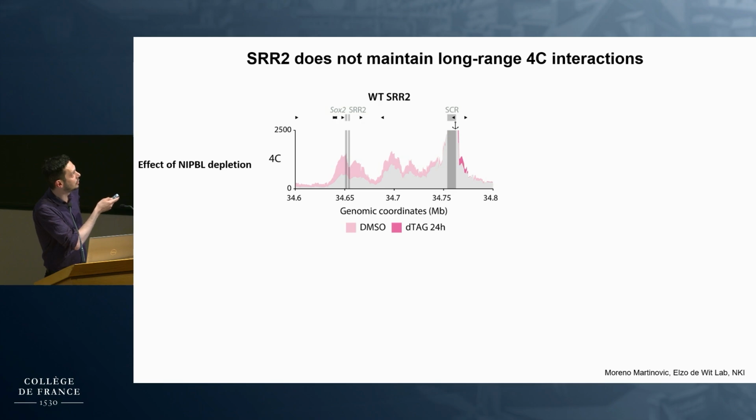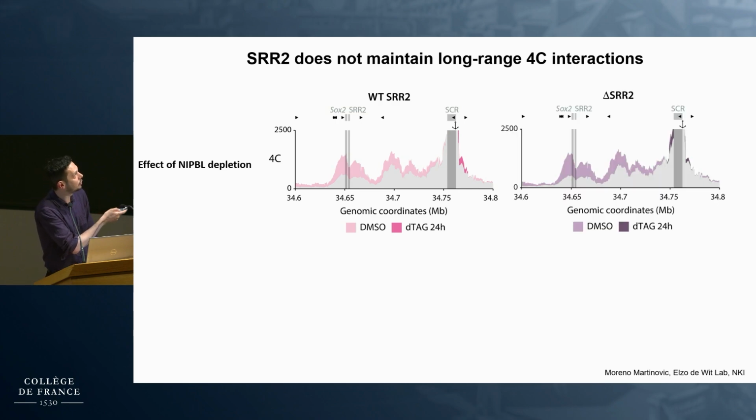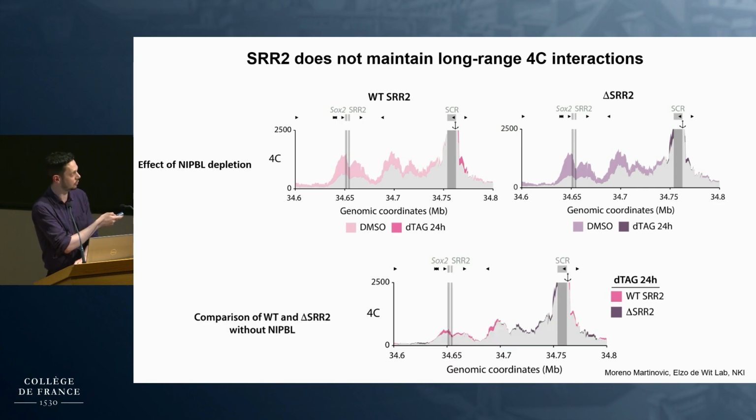And you see the loss of interaction when we deplete NBL. You still have some that are left. But when we compare to what happens after removing both NBL and the SRR2, we still see this loss of interaction. And now if I grab the NBL-depleted wild-type and SRR2 and overlay them, they are largely similar.